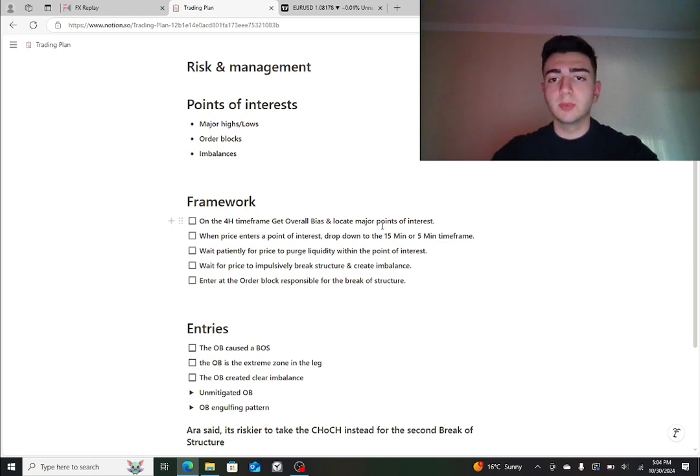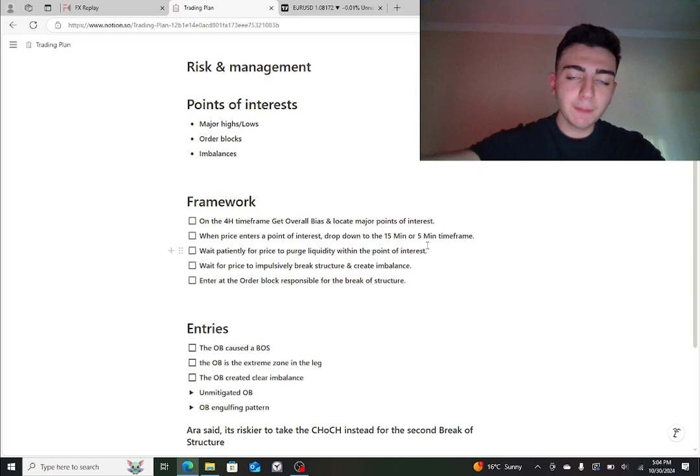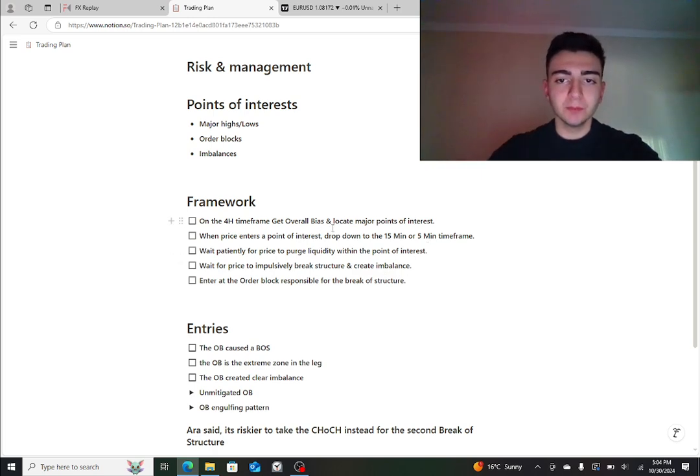Locating major points of interest, again, order blocks, imbalances, highs, lows. When price enters a point of interest, drop down to the 15-minute or 5-minute. In my instance, I choose the 15-minute because I like the way 15-minute moves more, and we get a more refined edge that way.